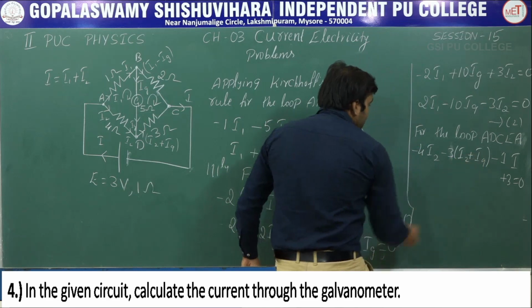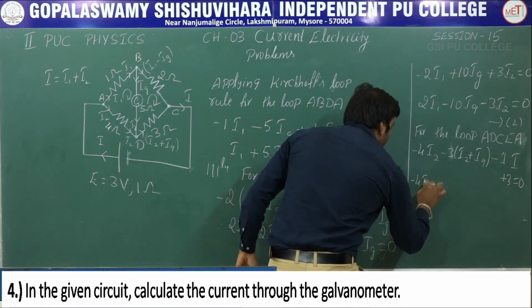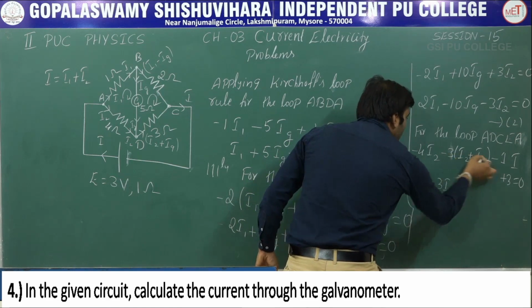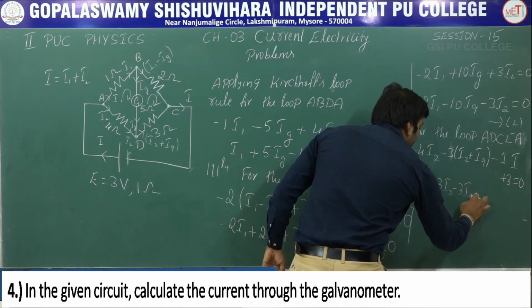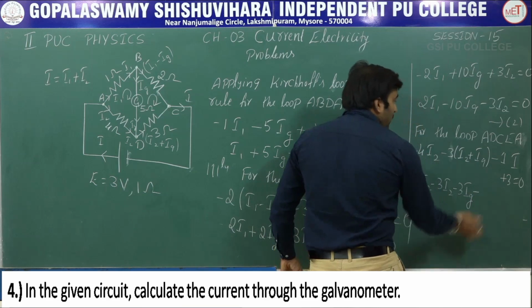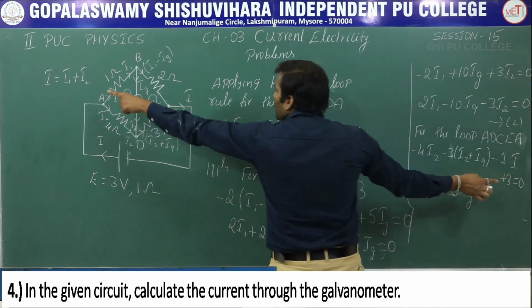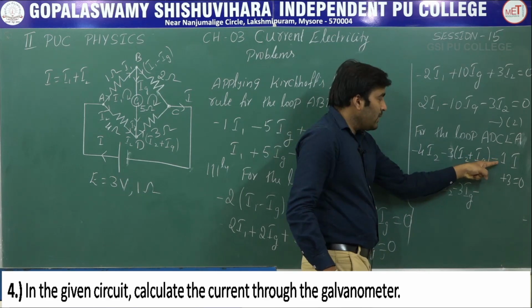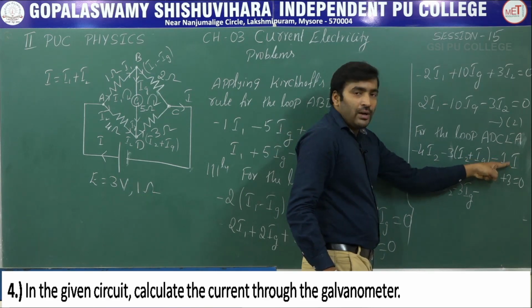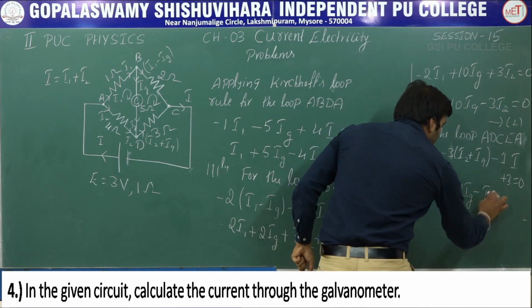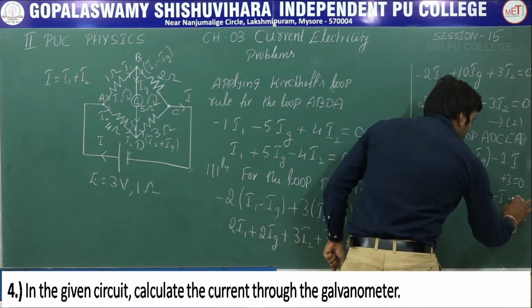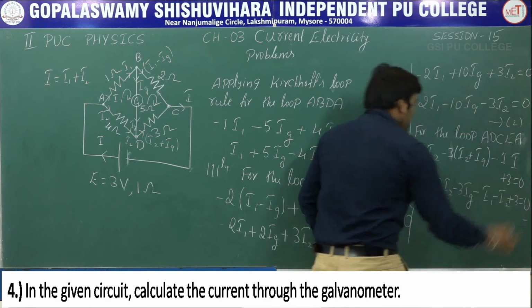Now, let us rearrange the equation. Minus 4I2 minus 3I2 minus 3Ig minus I, and we know that I is equal to I1 plus I2, and we have a minus sign here. Therefore, this will be minus I1 minus I2, plus 3 equal to 0.